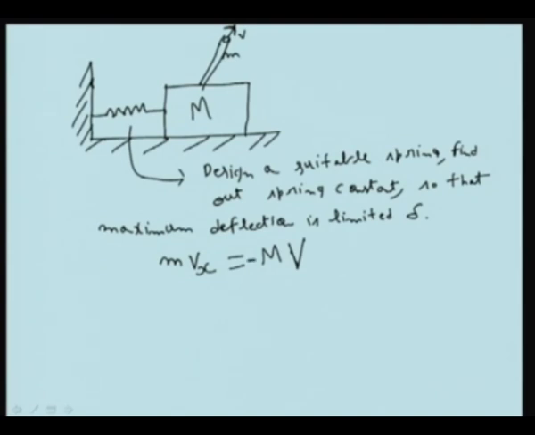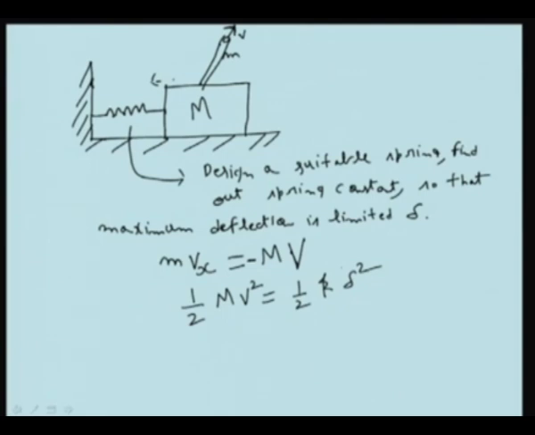That means when the bullet is going this way, the block will go this way. Now, this block will possess kinetic energy. That kinetic energy will be stored as potential energy in the spring. That means half mv square is equal to half k delta square. Delta is given to you because that is the limiting deflection, so you can find out the value of k.